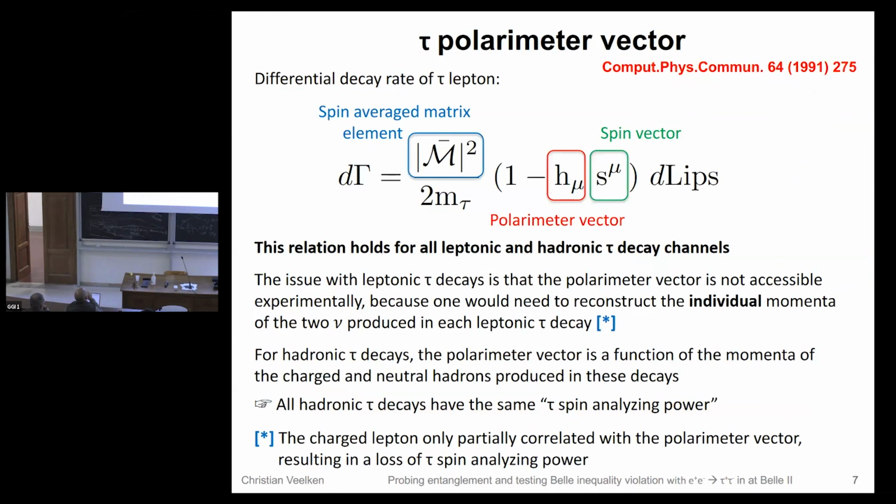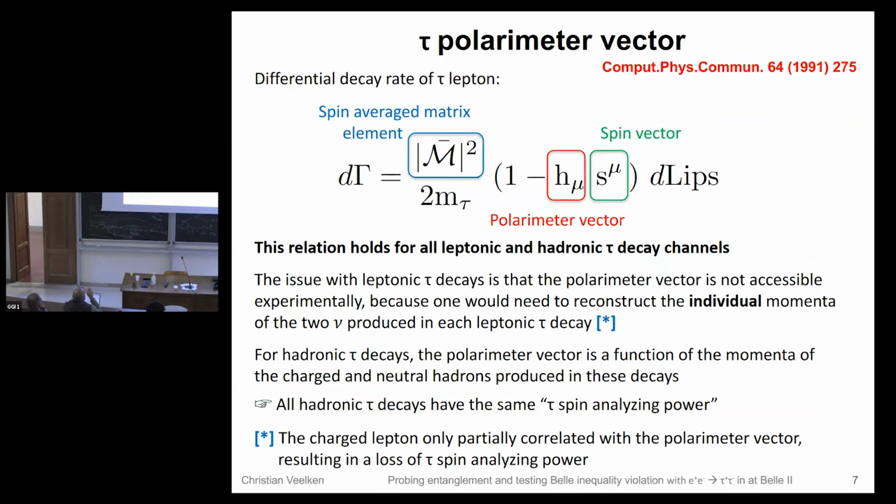The tool that we use to measure the tau spin is called the polarimeter vector of the tau. The polarimeter vector of the tau, with the symbol H, is related to the decay rate and to the tau spin orientation. And the issue is that for leptonic tau decays, the polarimeter vector is the momentum of the antineutrino.